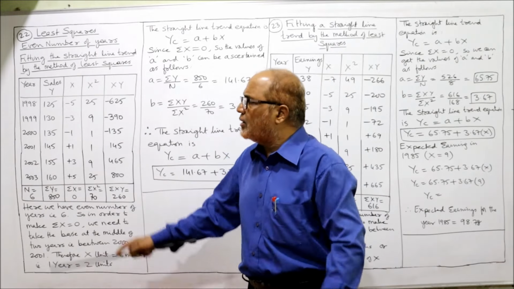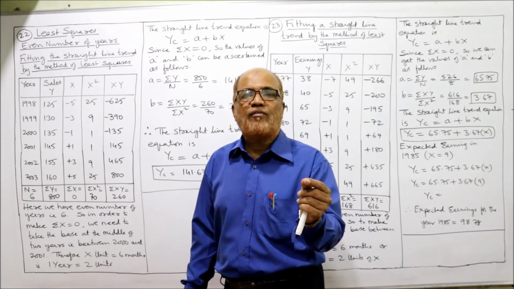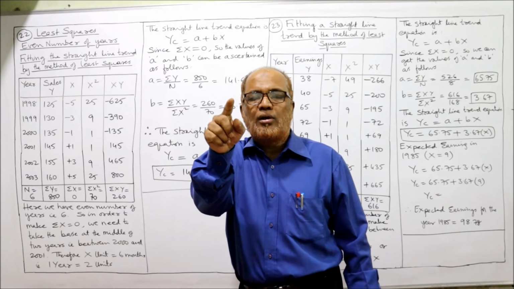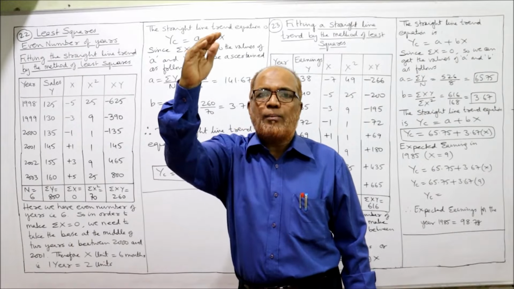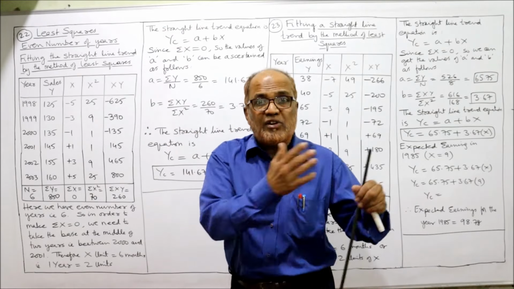The only thing you have to remember is how to take the x value. If an odd number of years are there, central year 0, then forward plus 1, plus 2, plus 3, plus 4, backward minus 1, minus 2, minus 3, minus 4. This is for an odd number of years, the previous problem.